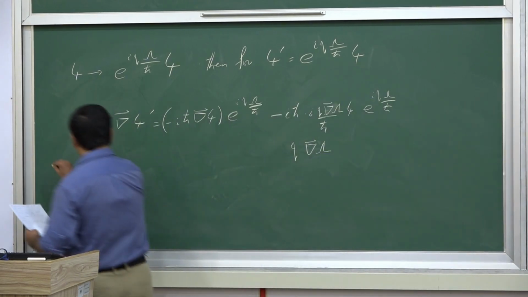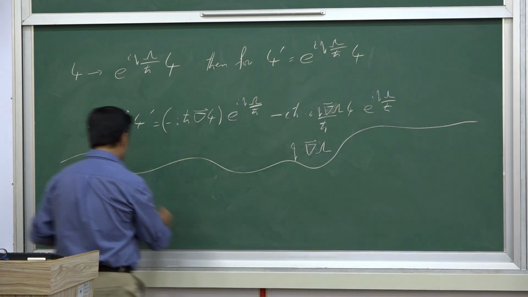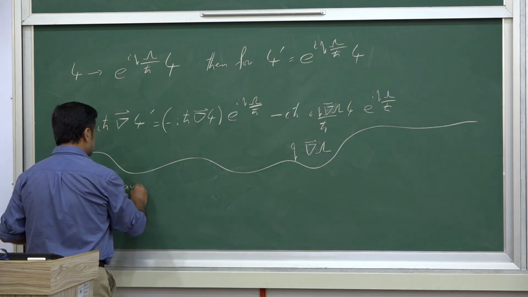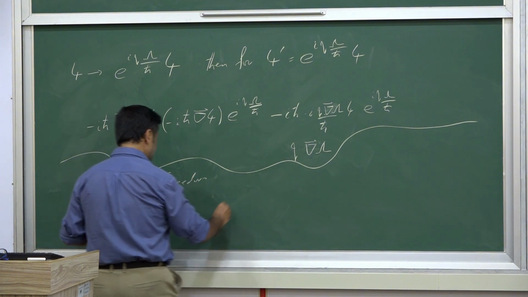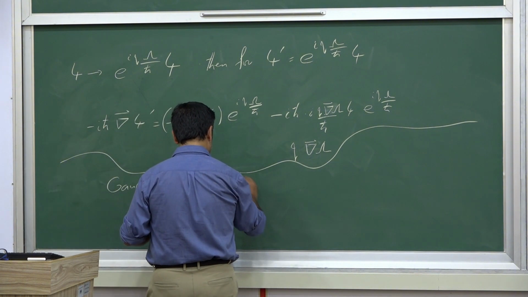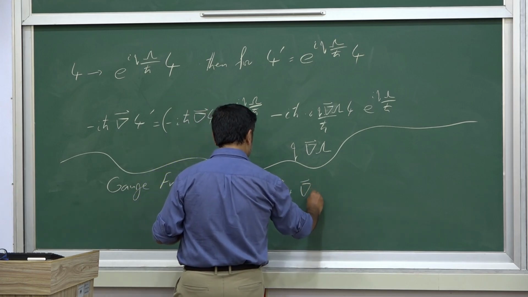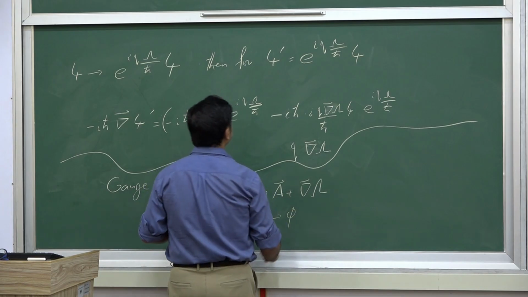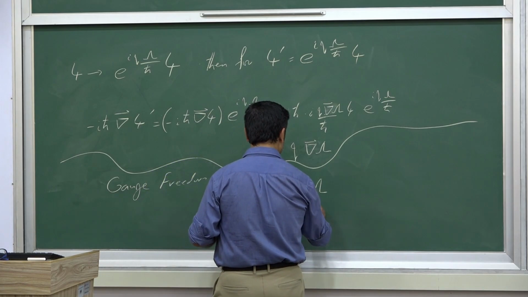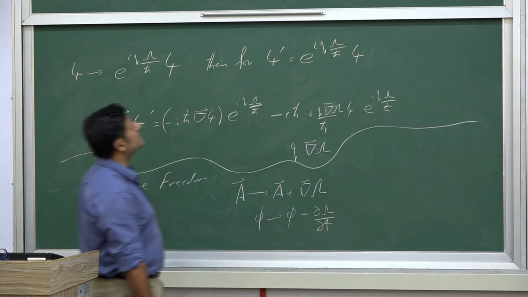So you find that with this gauge freedom, A goes to this, phi goes to this.